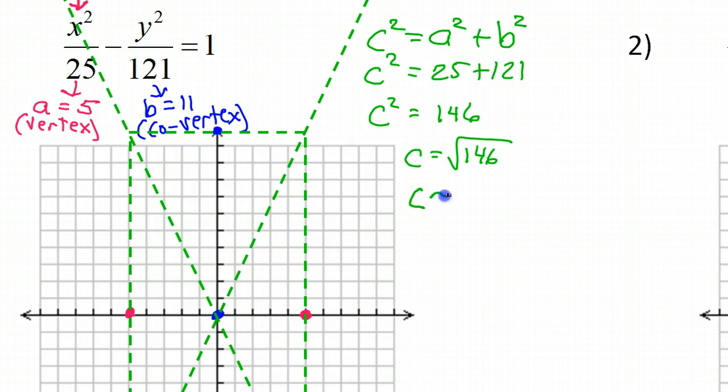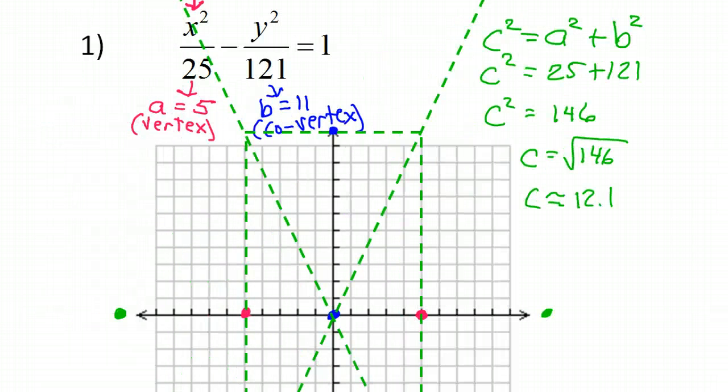Now that is approximately 12.1. Okay, this thing is really off of this graph a lot. So this is 10, so 11, 12 would be right about here. Same thing over here, 11.